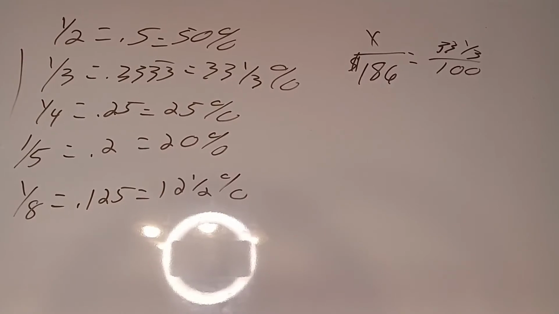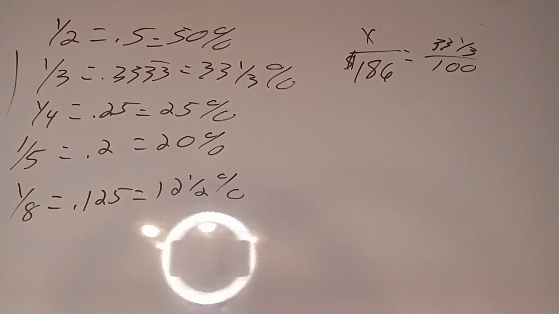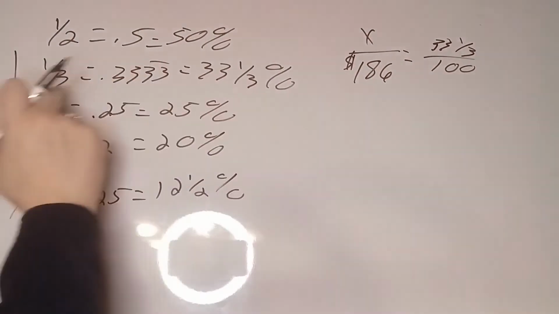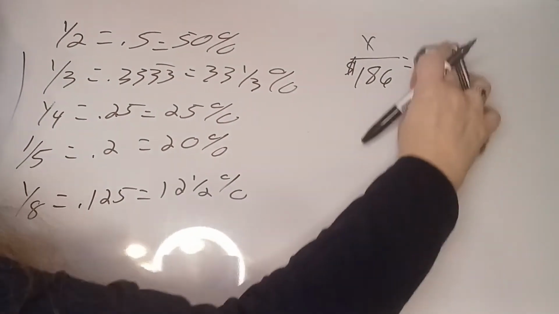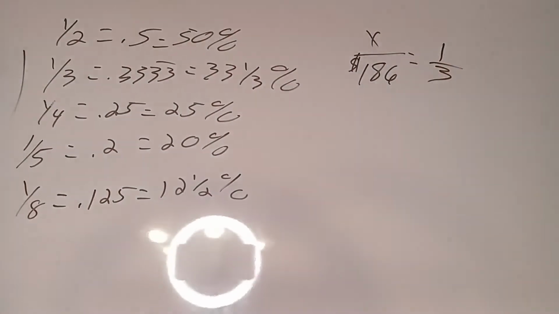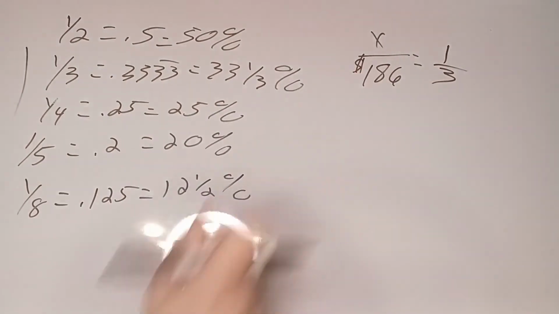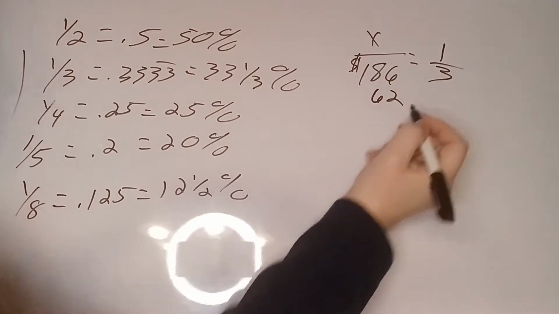You don't want to do 33 1/3 times 186. That'd be crazy. But what we can do is say, 33 1/3 is the same as 1/3, and substitute it in. Now to find x, we're just dividing 186 by 3, which is 62.